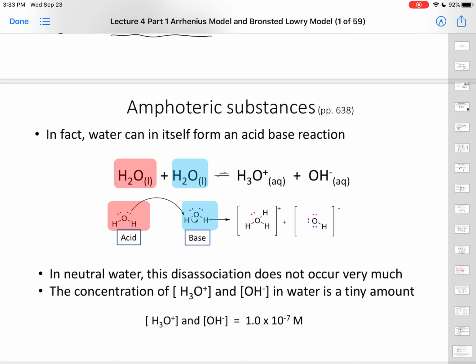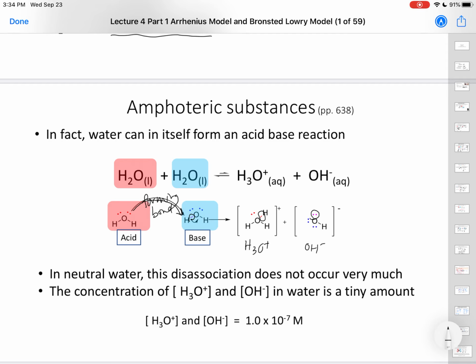If you have two water molecules, one acts as an acid, one acts as a base. This one acts as an acid, it forms a bond here, okay? So this is a forming of a bond, okay? So it forms this new bond here, and this is H3O plus, okay? These electrons actually go onto the oxygen to therefore form a lone pair, and it forms OH minus, okay?